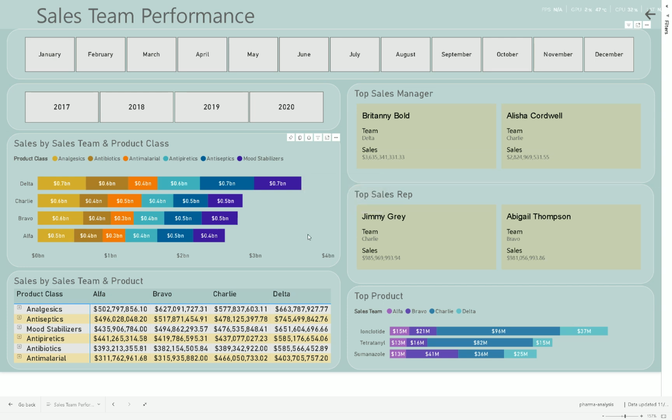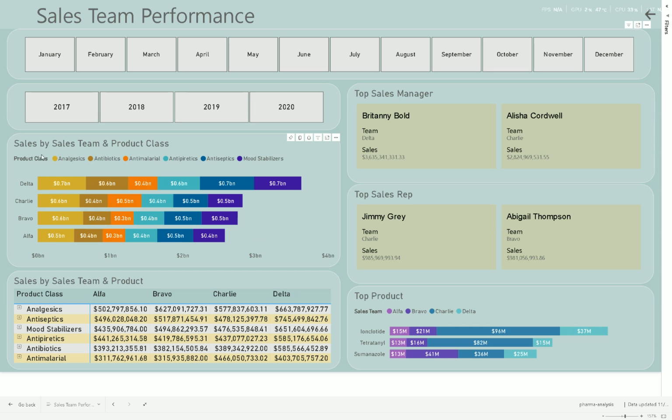The first one is sales by team and product class. This stacked bar chart shows how each team, I have taken four teams, Alpha, Bravo, Charlie, and Delta, performs across different product classes. In order to create this, the sales team was placed on the y-axis, the product class was placed on the legend, and I have taken sum of sales on the x-axis.